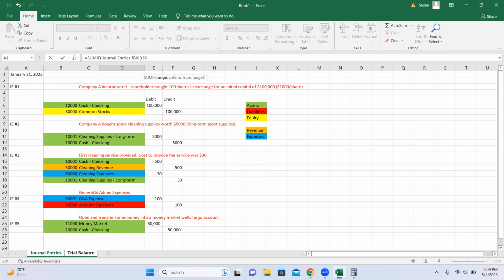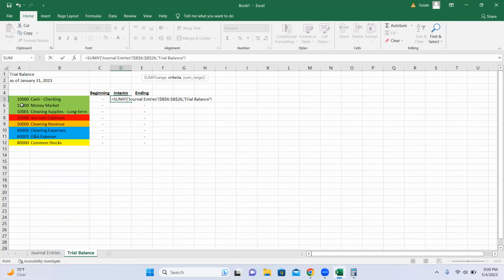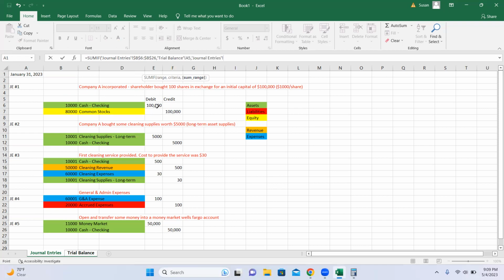So I'll just use dollar signs to lock it, because usually when you hit F4, it'll lock it for you, but it didn't work. And then our criteria is, we're looking it up by the account number, and the sum range is this, the debit side. And I'll also lock it.